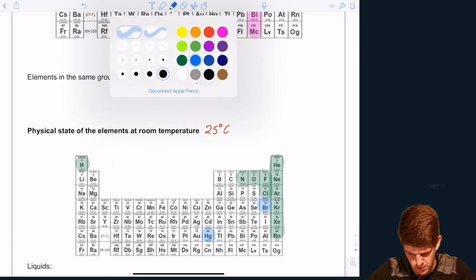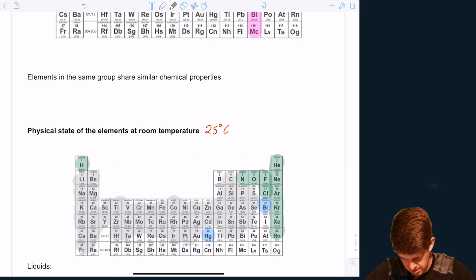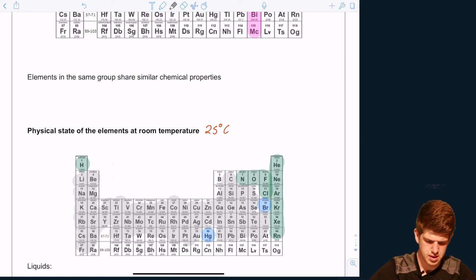Now, what does that mean the rest of these are? Everything else, ignoring that bottom row, are going to be solids. And so those are the physical states of the elements at room temperature.